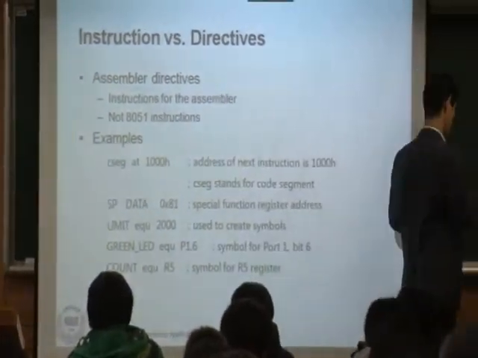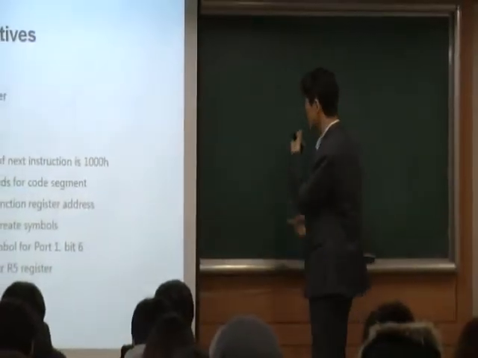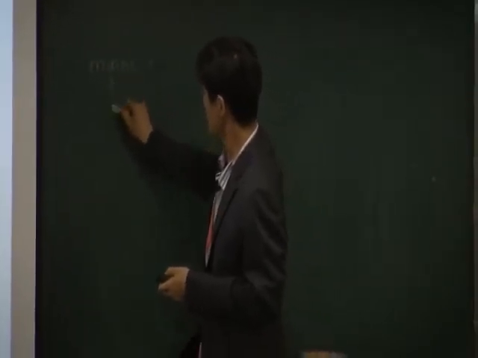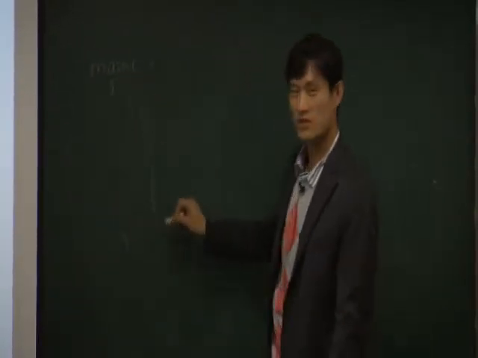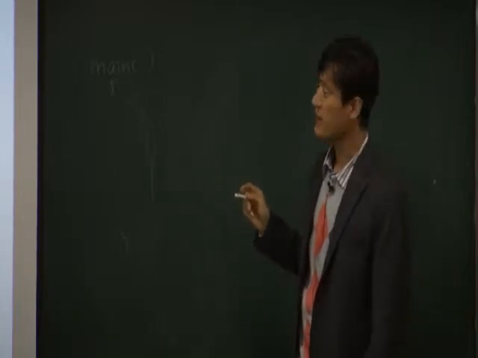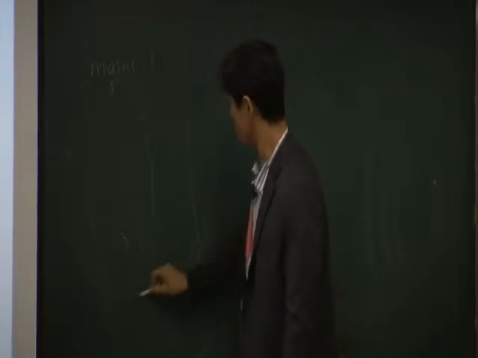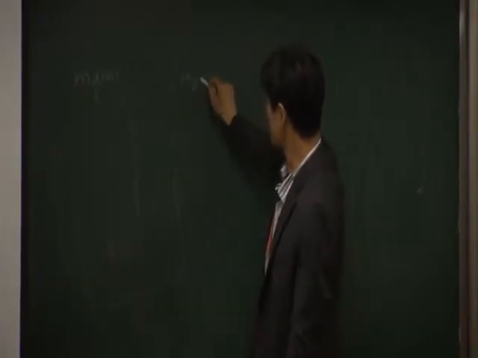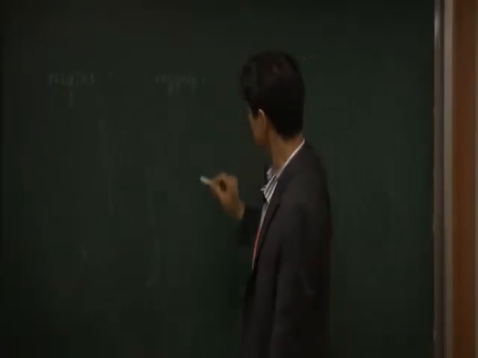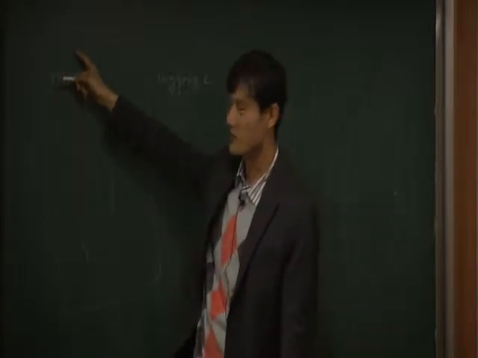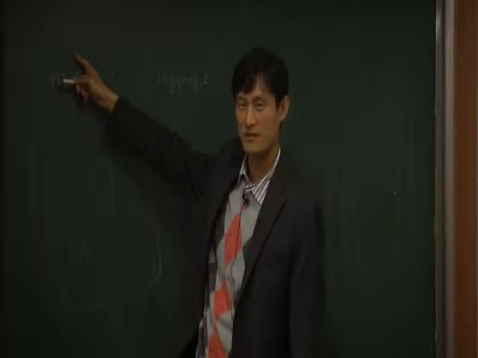Let's see. This is an example of the C language. You have your own C program, for example, this is my program.c. You have something more on top here. What do you have?